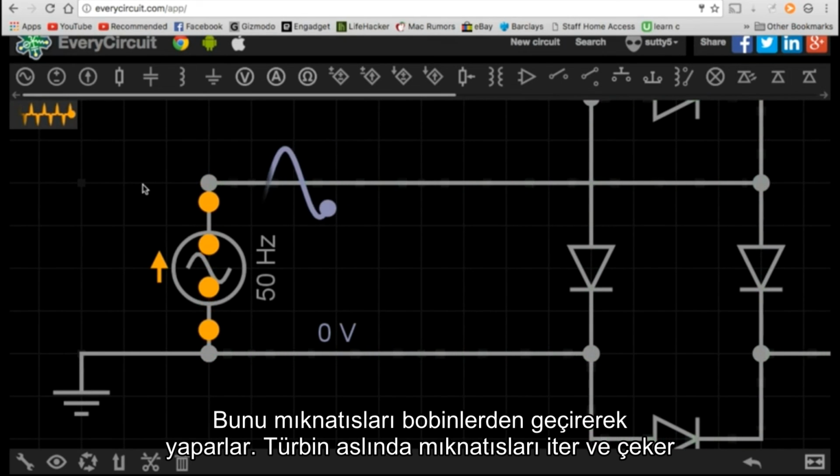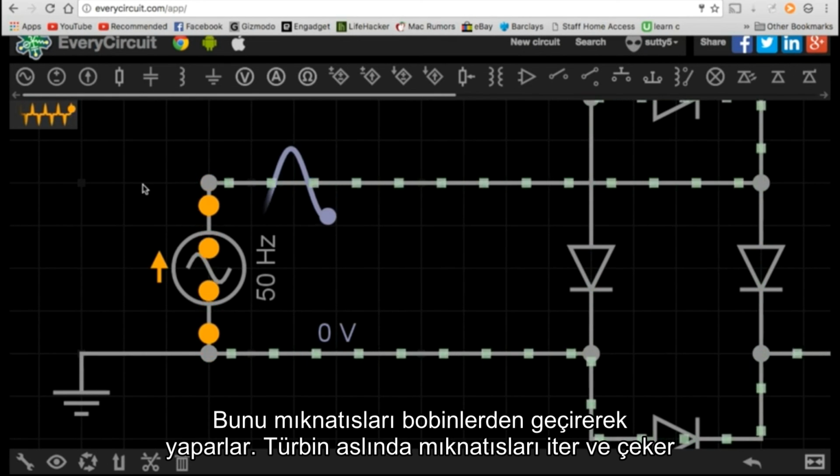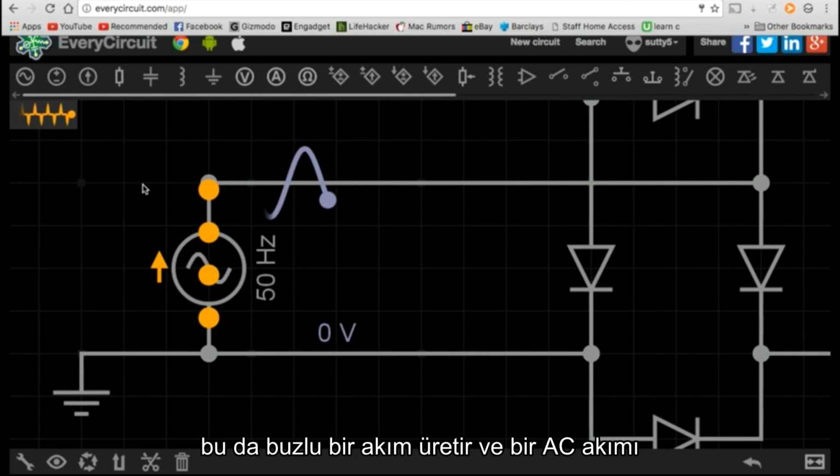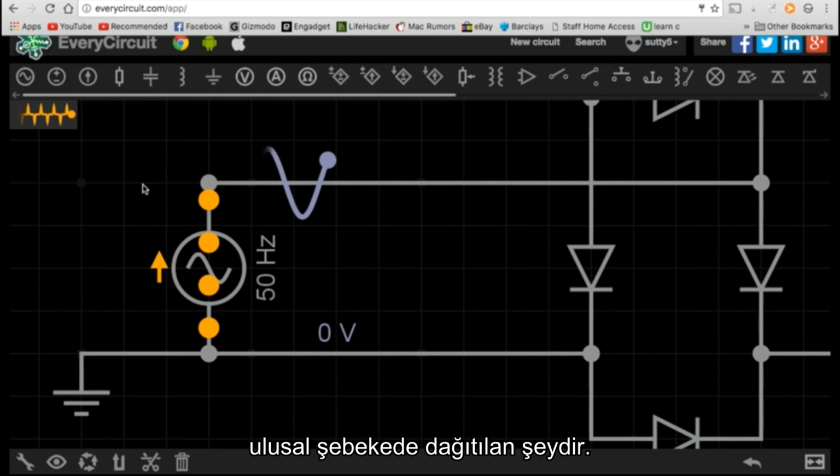They do that by passing magnets through coils. The turbine actually pushes and pulls magnets through a coil. And because the turbine pushes and pulls a magnet through the coil, that is in turn generating an AC current. And that AC current is what's distributed throughout the national grid.